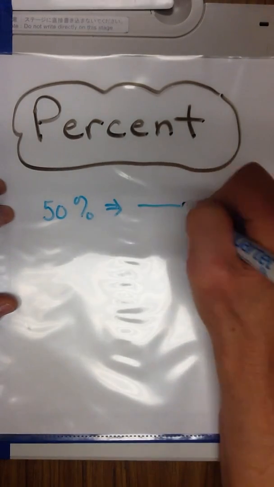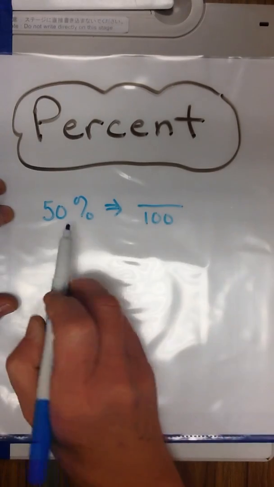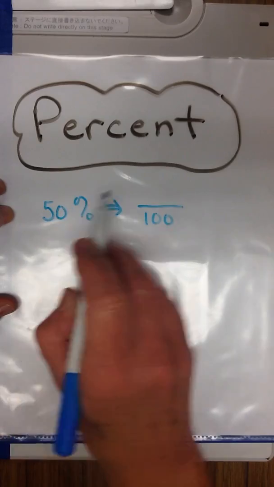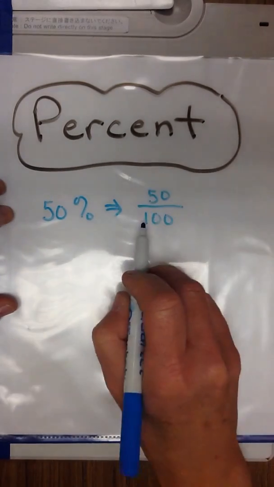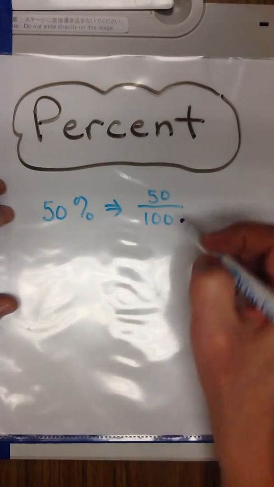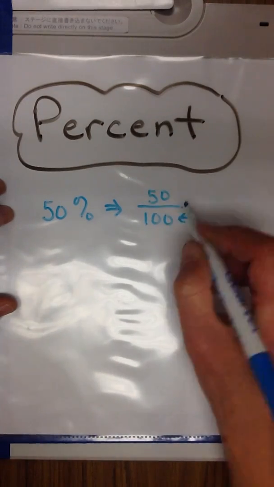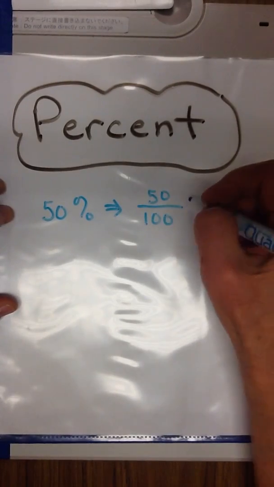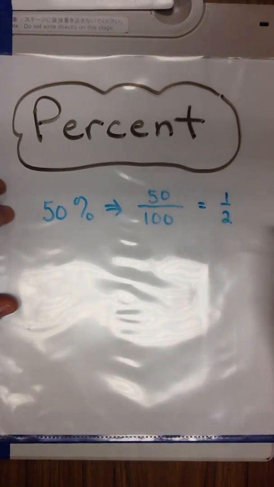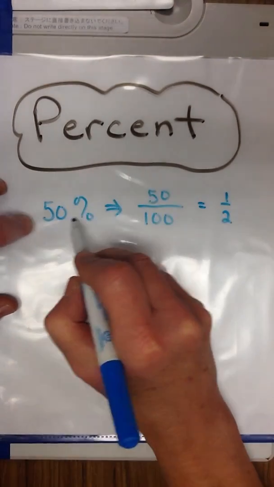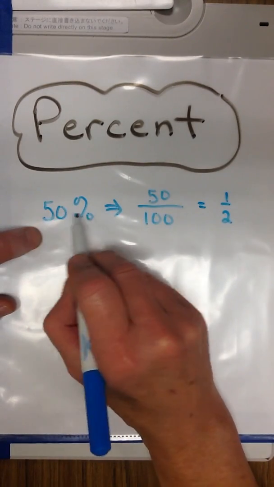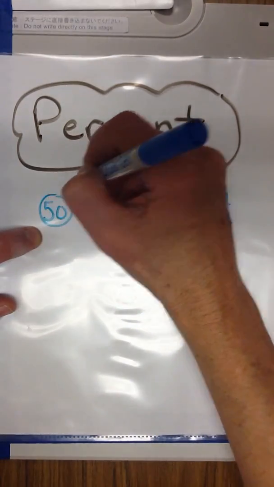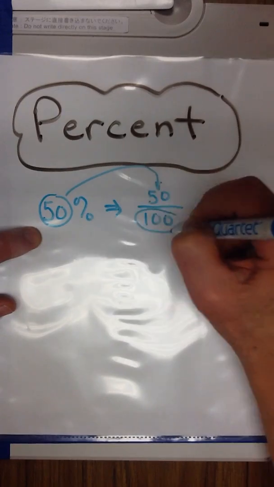50% means a fraction that has the number that's sitting in front of the percent sign, this 50, in the numerator, and 100 in the denominator, always 100 in the denominator. 50% reduces to 1/2, but if we write out 50% as a fraction, we get 50 on the top and 100 on the bottom.